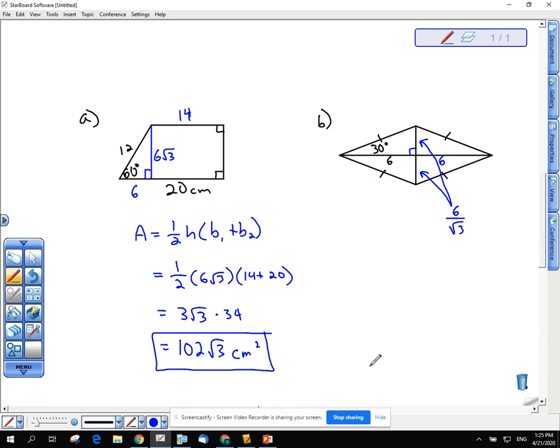Okay? Now, if they were asking for this to the nearest tenth or the nearest whole number, the nearest thousandth, you could just use 6 divided by the square root of 3. Again, a lot of times they're going to say simplest radical form.